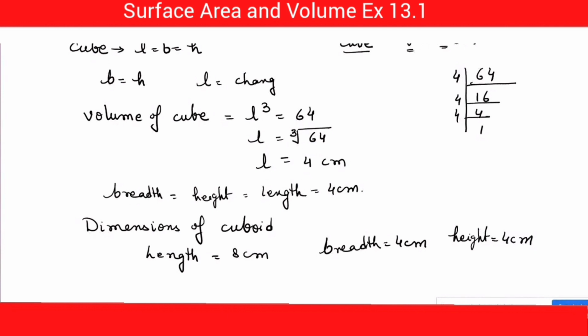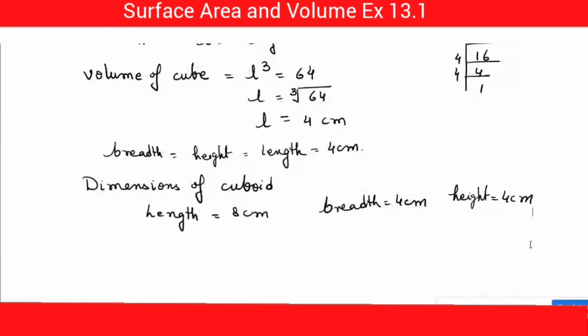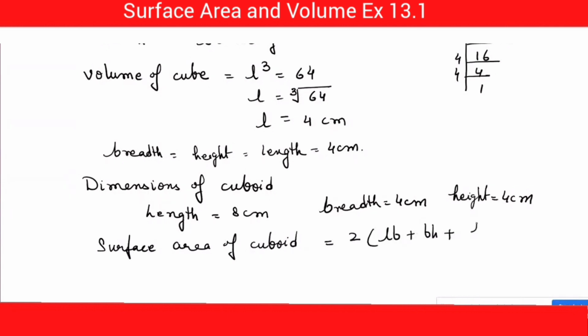So now in the question, we have to find the surface area of the cuboid. Surface area of the cuboid, we have the formula 2 times LB plus BH plus HL. Now we substitute all the values: 8 into 4, 4 into 4, 4 into 8.